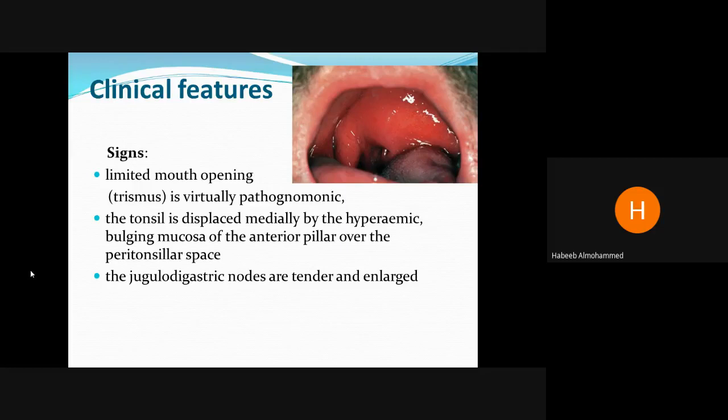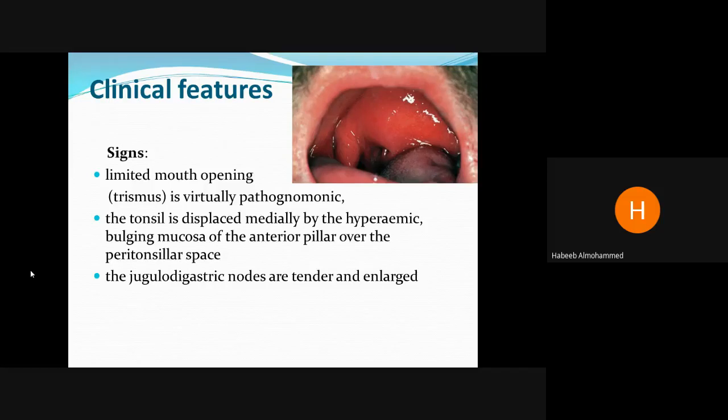It is displaced medially by the hyperemic bulging mucosa of the anterior pillar over the peritonsillar space. The uvula is also deviated to the other side, and the condition is usually unilateral.